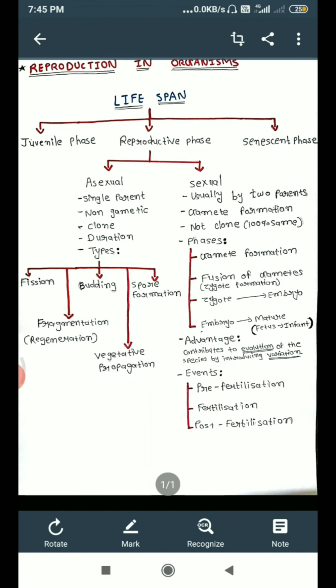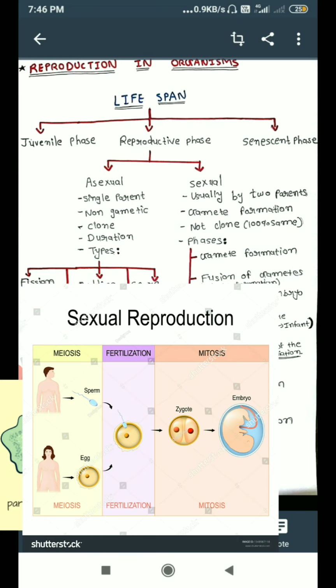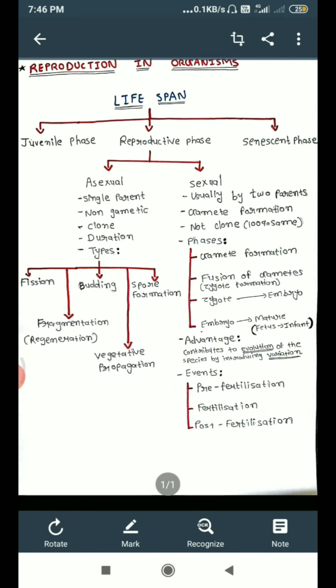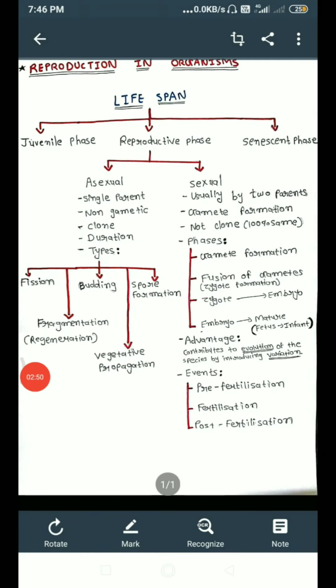There are two types of reproduction. One is asexual and second is sexual. So what is the difference between these two methods? Which type of organisms perform asexual reproduction and which follow sexual reproduction? In asexual reproduction, there is no differentiation of sexes, only a single parent is involved, while in sexual reproduction there is differentiation of sexes.